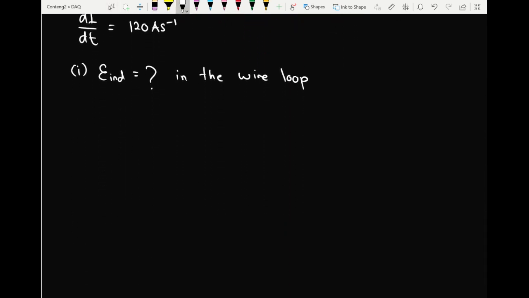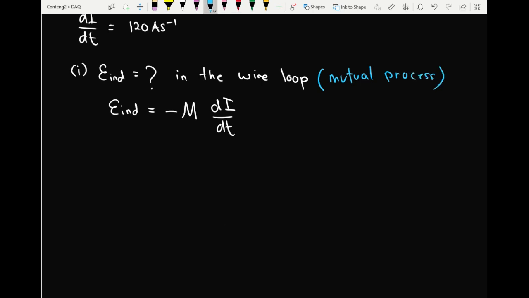That's why to calculate the induced EMF, the equation that you need to use is induced EMF equals negative M di over dt. Why do we use the mutual? Because the loop depends on the solenoid. This is the mutual process.